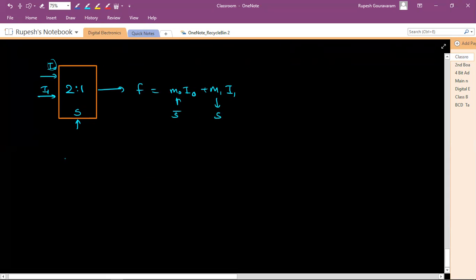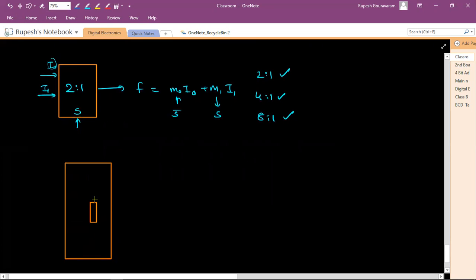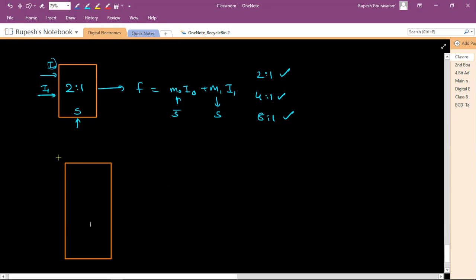Okay. Same thing we can extrapolate to any number of mux. We have now dealt with 2 is to 1 mux, and 4 is to 1 mux is also over. Now let us take 8 is to 1 mux. So in an 8 is to 1 mux, what will be the inputs?